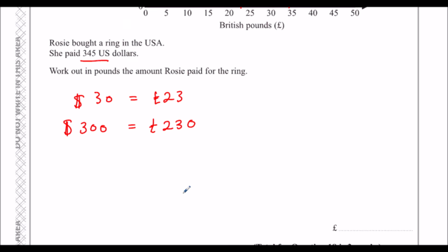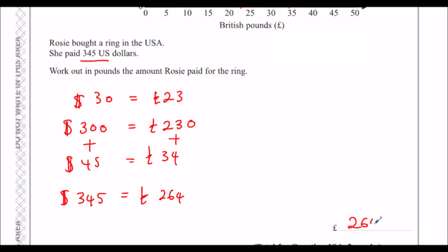So we'll say that's 34 pounds. $45 is 34 pounds. So add these two together. So that gives us $345 is 264 pounds. That's why you should use a calculator. 264 pounds. So there is our answer.